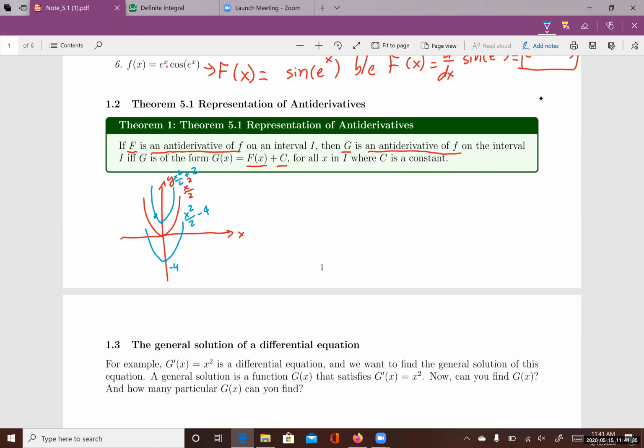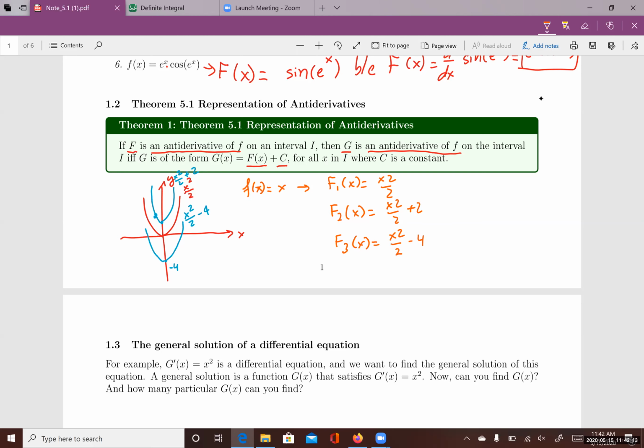So these three functions are a family of antiderivatives of the function f of x equals x. Using one function f of x equals x, I have one antiderivative function equal to x squared over 2. And I have another one equal to x squared over 2 plus 2. And I have another one equal to x squared over 2 minus 4.